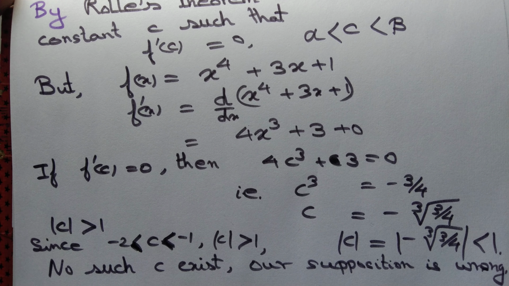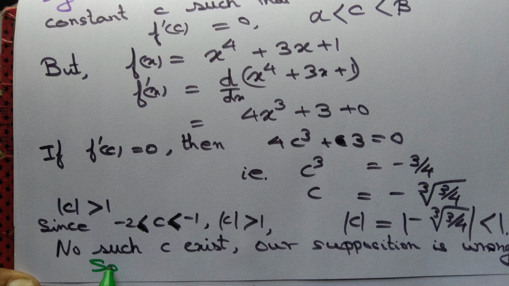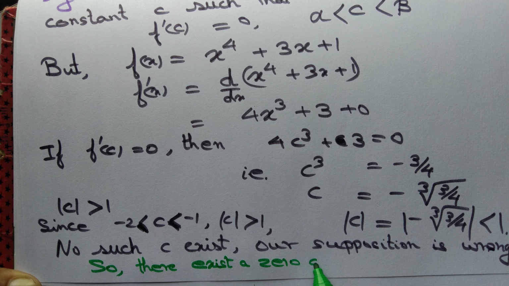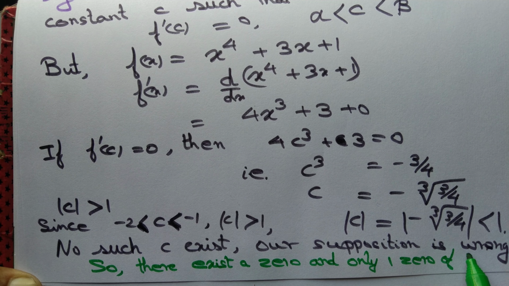We conclude that there exists a zero and only 1 zero of f(x).